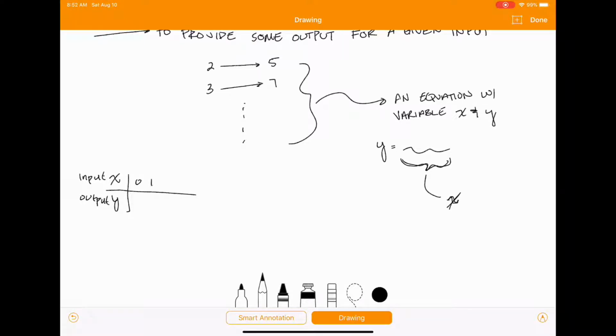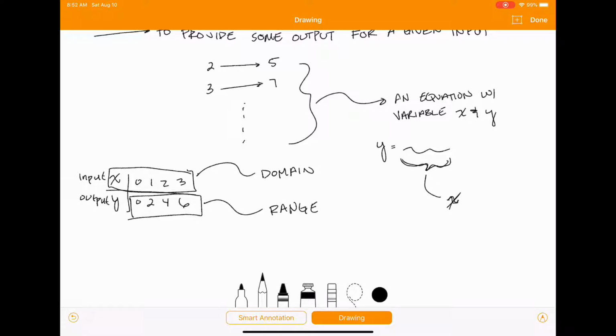Say 0, 1, 2, 3, and this is going to be 0, 2, 4, 6. All right, so in this case, your input or your x values is going to be called your domain of your function, and then your y values is going to be your range of your function.